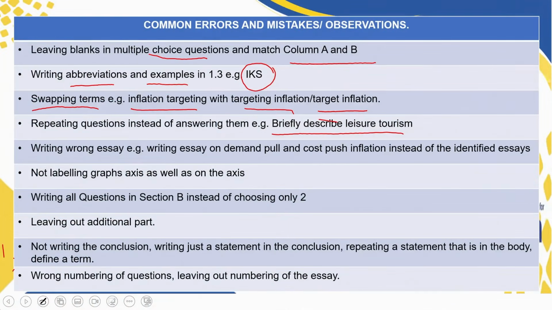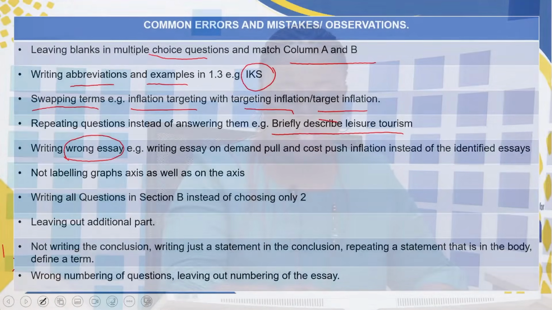Another common problem is to write a wrong essay. Maybe you did not properly read the essay, or you studied another essay, now you are seeing a different essay, and you start writing a wrong essay. And in some cases, it is maybe not understanding what the essay is talking about. A common one is essays on inflation.